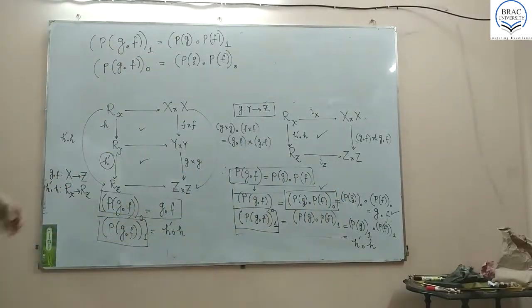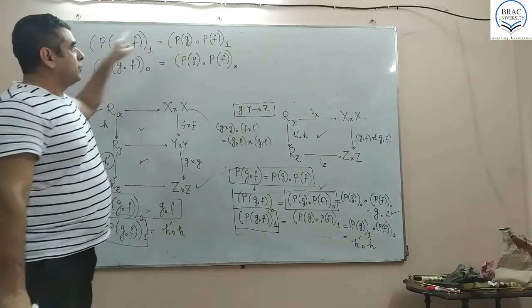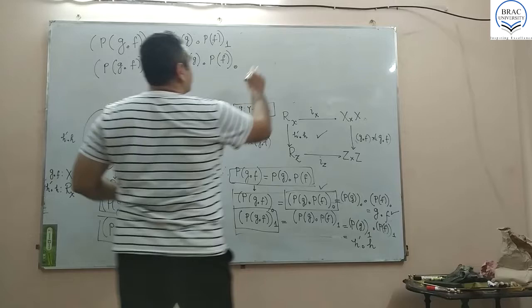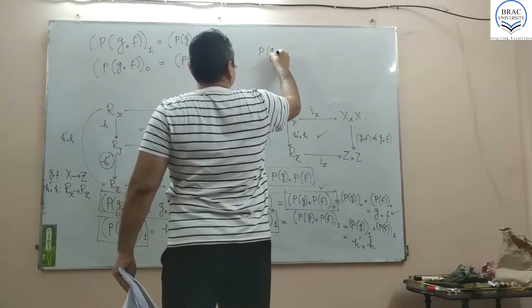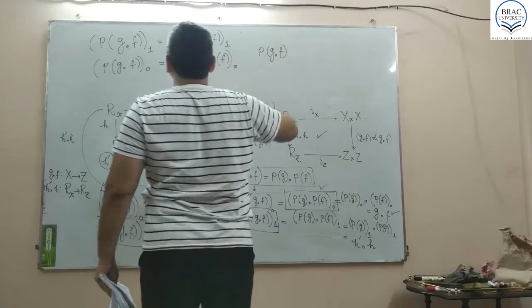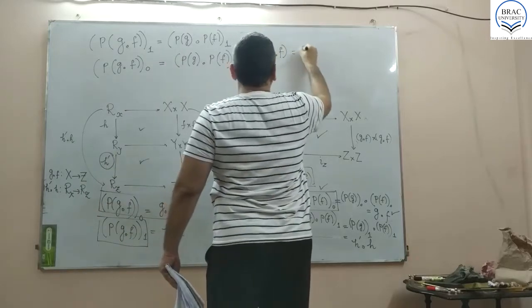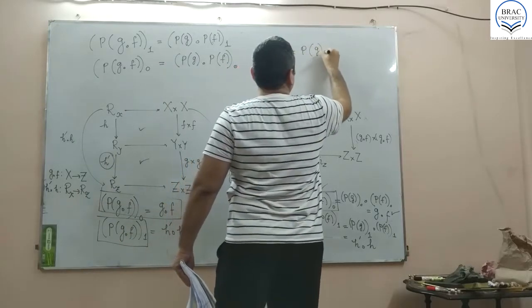What does it mean? The two graph homomorphisms agree with each other, so at the graph homomorphism level they should agree also. P of G composed with F is exactly PG circle PF.